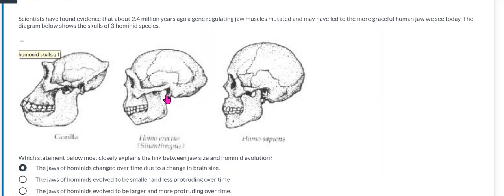Now we are comparing the three hominid species' skulls: gorilla, Homo erectus, and Homo sapiens. I hope you read the question already. Jaw muscles mutated and may have led to the more graceful human jaw that we see today. The diagram below shows the skulls of three hominid species.